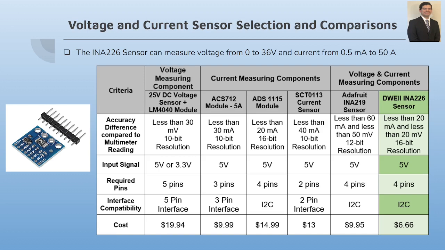This sensor can measure voltage from 0 to 36 volts and current from 0.5 milliamps to 50 amps with 16 bits of resolution. We were also aiming for a sensor that uses the I2C interface because we needed two readings, which meant having two peripheral devices. Since this sensor uses I2C, we can simplify the number of connections for both sensors.